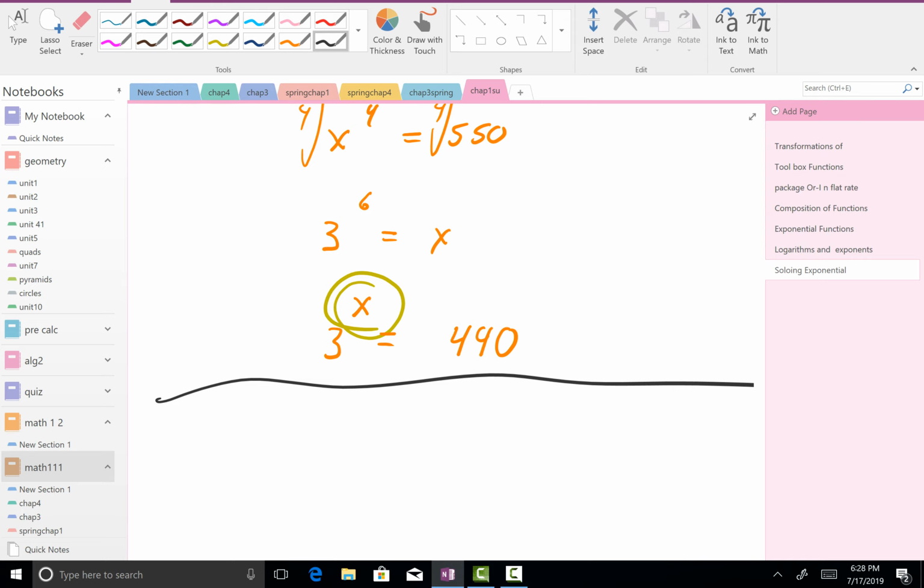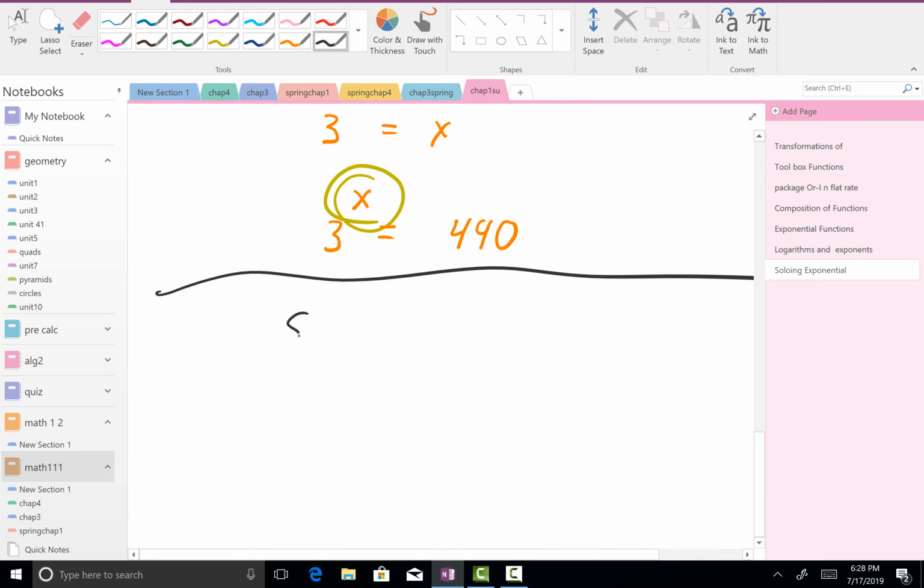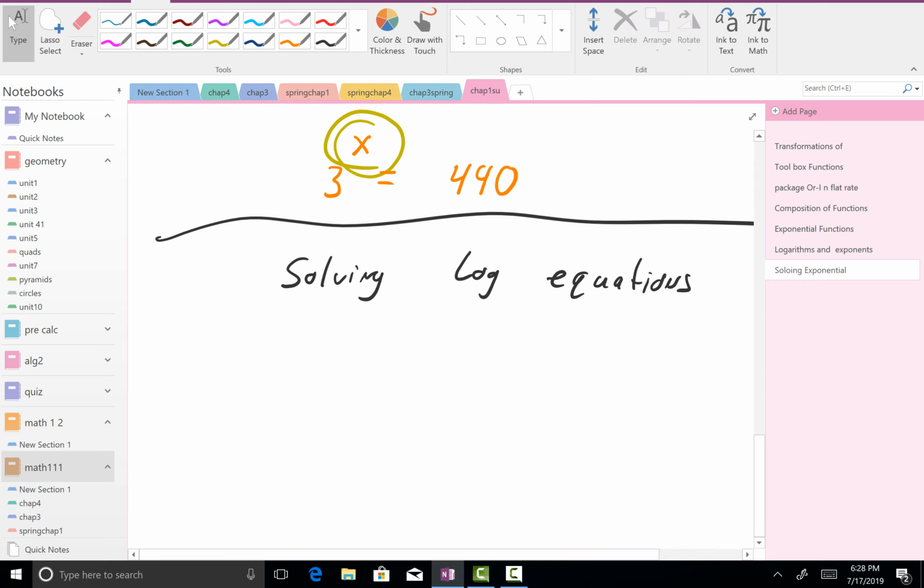So, solving log equations, and what I'm going to try to do here is give you some variety of what you're going to see in the assignment. So here's one that looks like this.